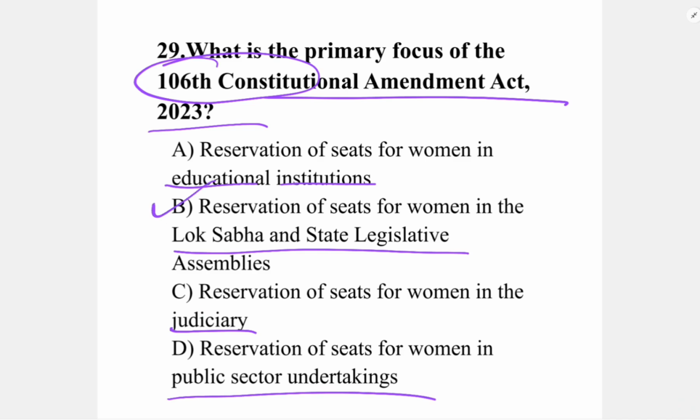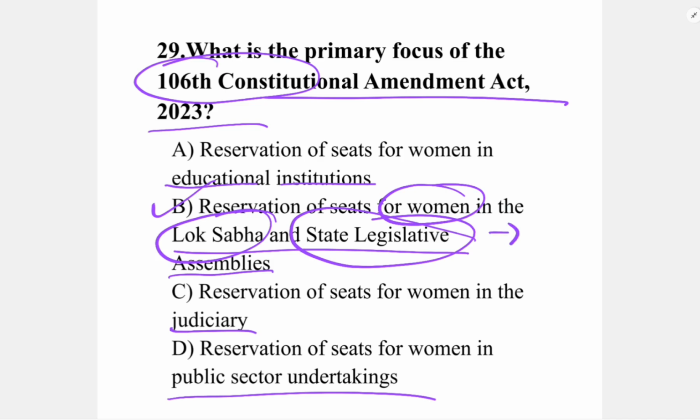So the correct answer is option B, reservation of seats for women in the Lok Sabha and the state legislative assemblies. That is 33% reservation in Lok Sabha and the state legislative assemblies for women.